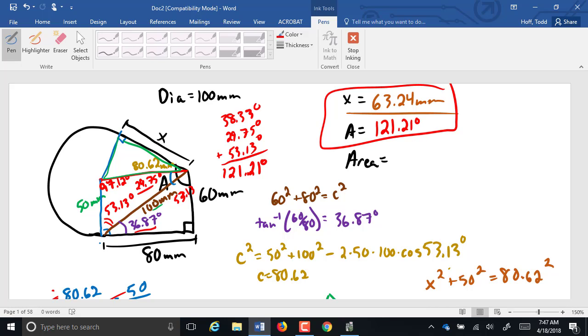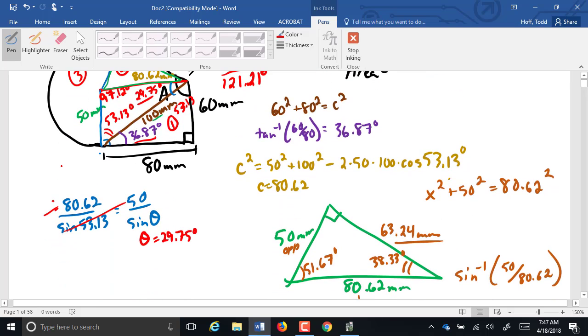Now it's time for us to find some areas. Well, we have three areas that are relatively easy to find. 1, 2, 3. So let's find those areas.